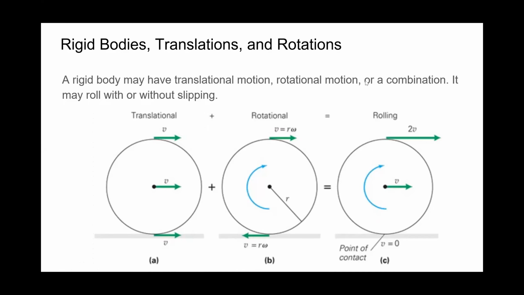It can rotate, or it can have a combination of both translational and rotational. It can go forward while rolling, as shown in the third picture. It may roll with or without slipping.